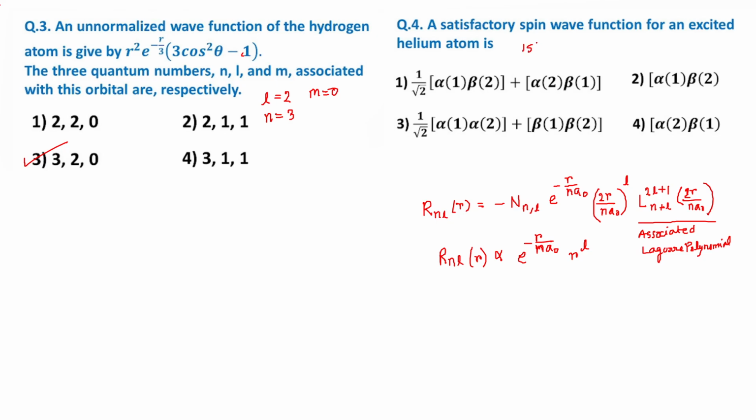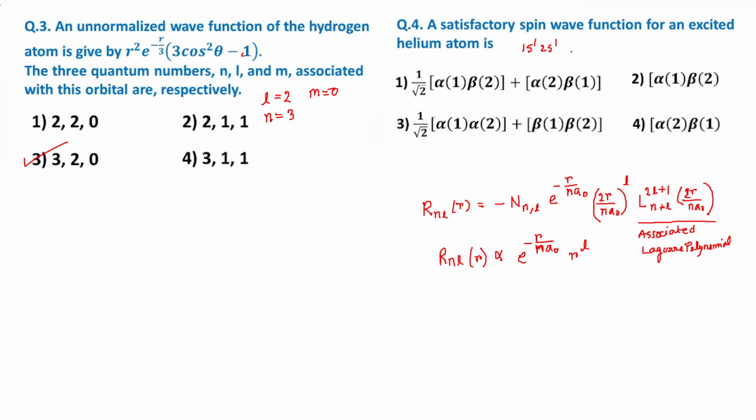One of the states could be 1s1 2s1, right? Actually, in the ground state it is 1s2, but one of the excited states could be 1s1 2s1. So your electrons are in two different orbitals. One is 1s and another is 2s.